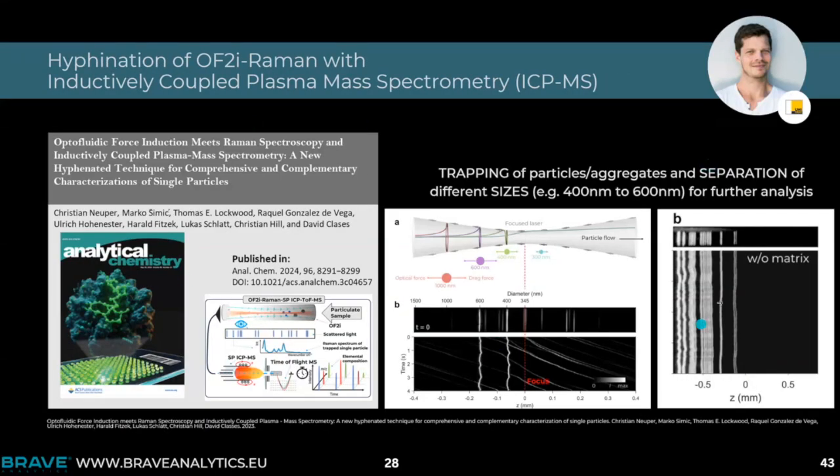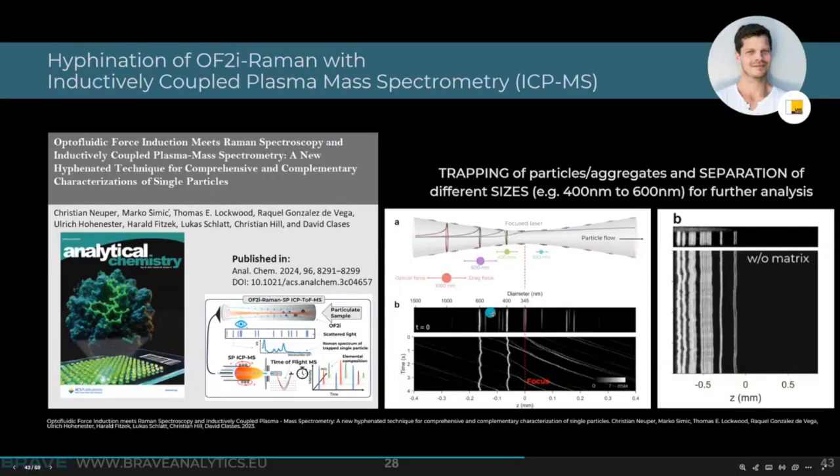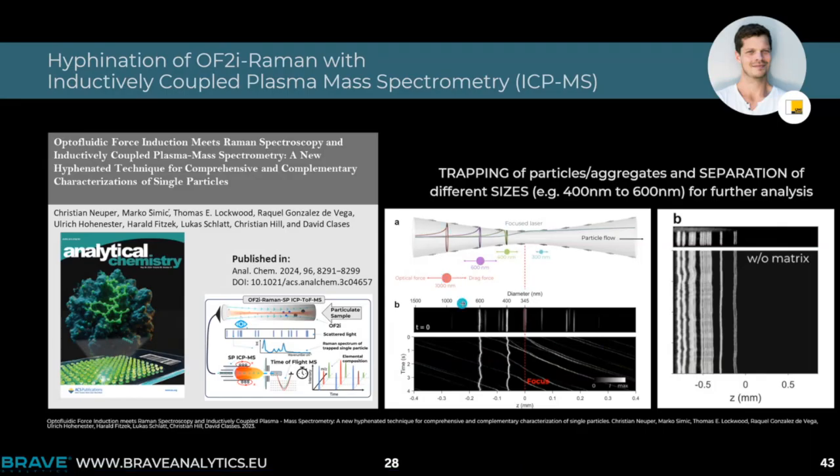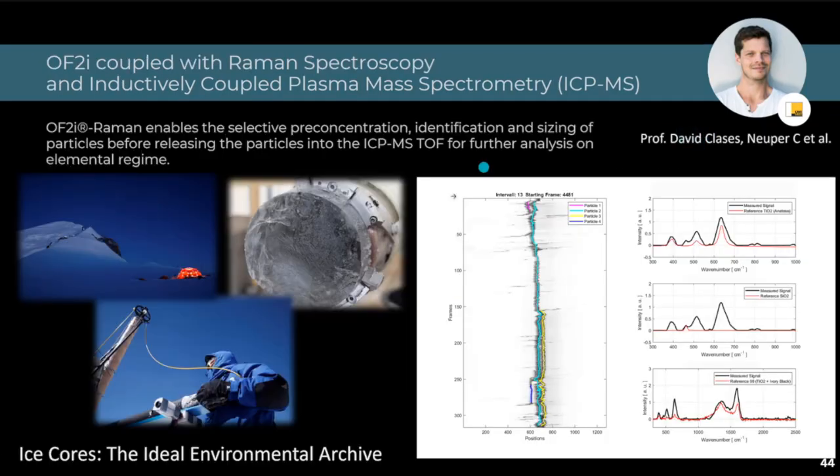We have started doing this, really hyphenating the two technologies, trapping the particles, getting information size-wise, getting the Raman signals, and getting rid of the background signals, because we are able to really hold particles in our cells and do all this over time and get rid of the contamination background to increase the strength of this ICP-MS TOF, to have a clearer, better signal-to-noise ratio, and also to look into very low concentrated samples.